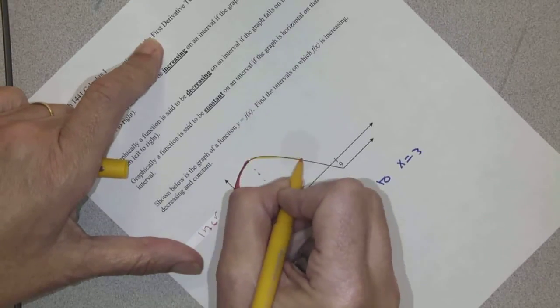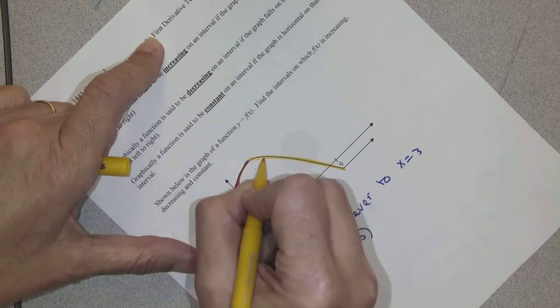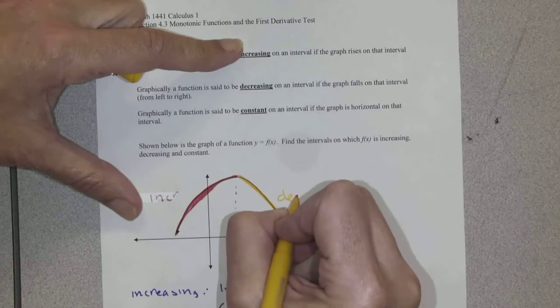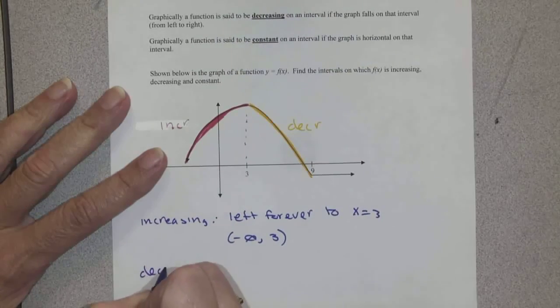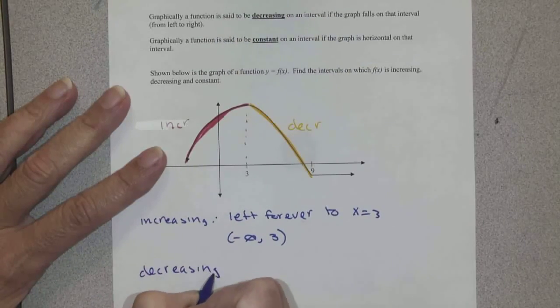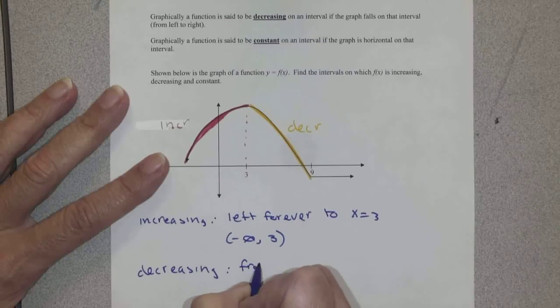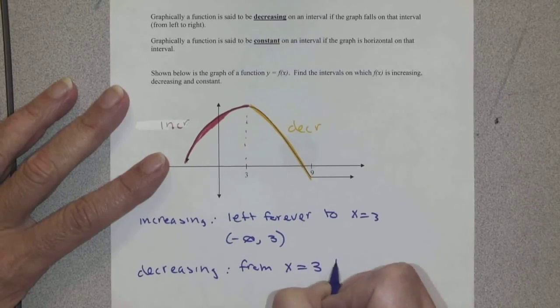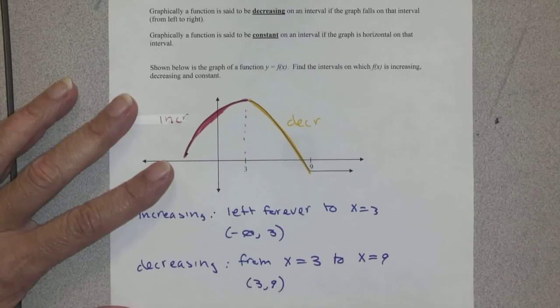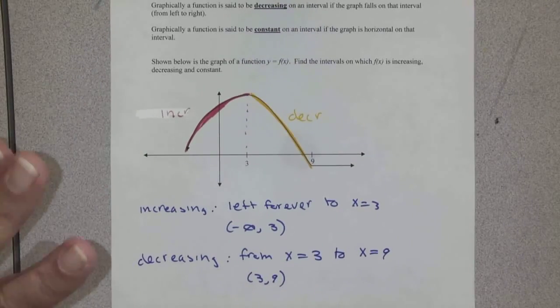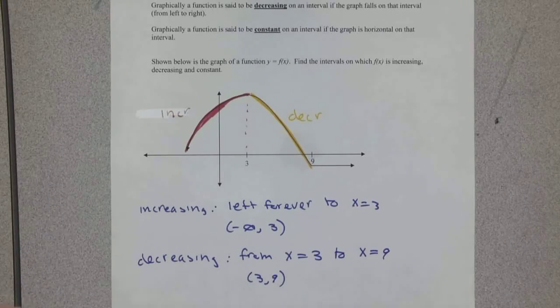Then on here in yellow, that's where it's decreasing. DECR will always stand for decreasing. And so this is decreasing from x equal 3 to x equal 9, or the interval 3 to 9. Again, parentheses.